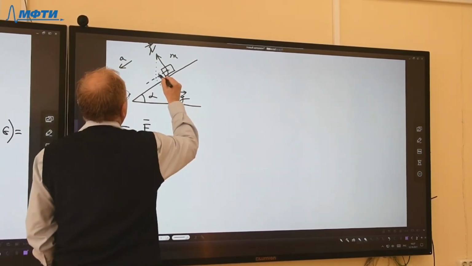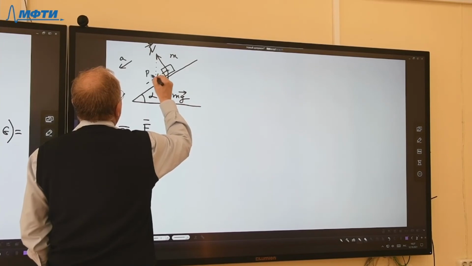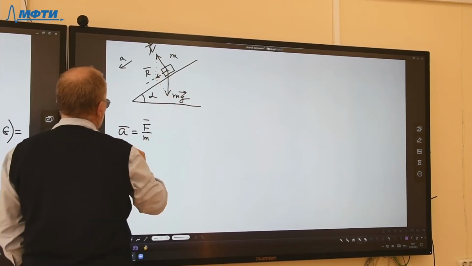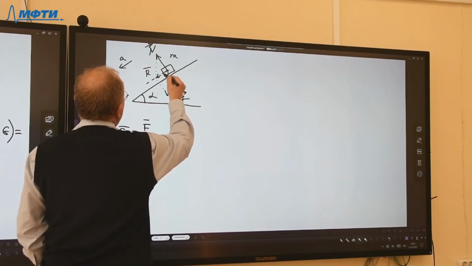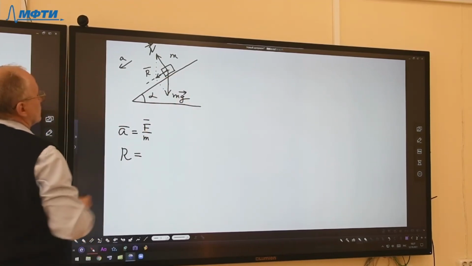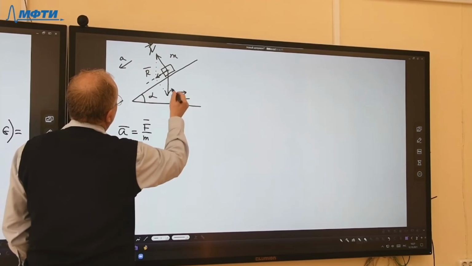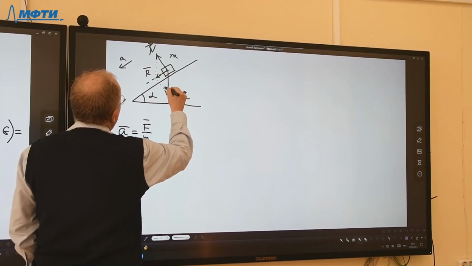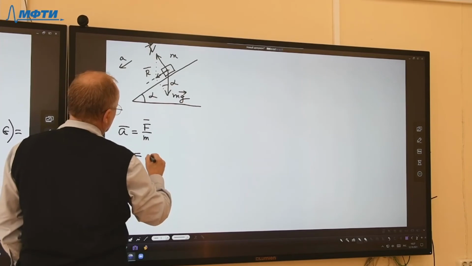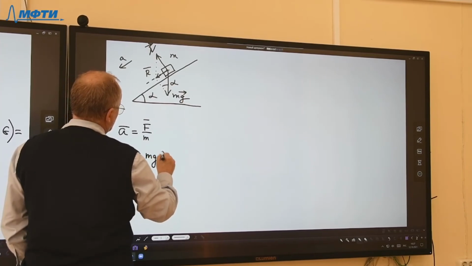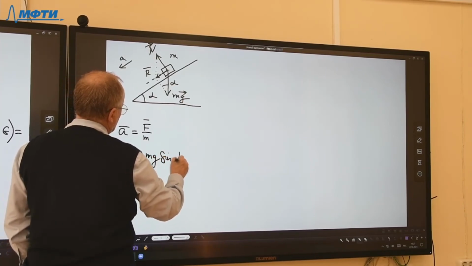The net force will be denoted by R, vector R directed parallel to the surface, and if this is alpha, then this is alpha also, and R in magnitude will be mg sine alpha.